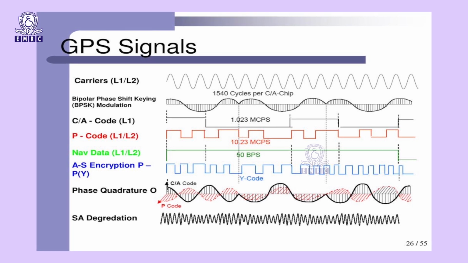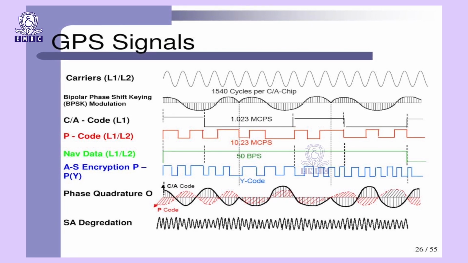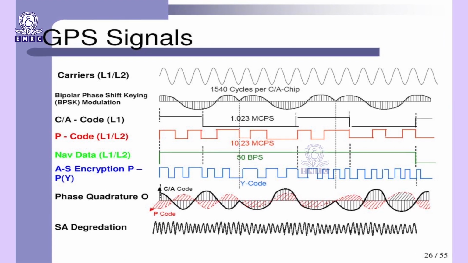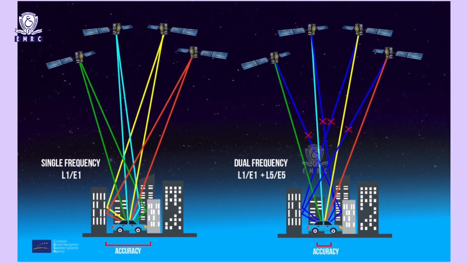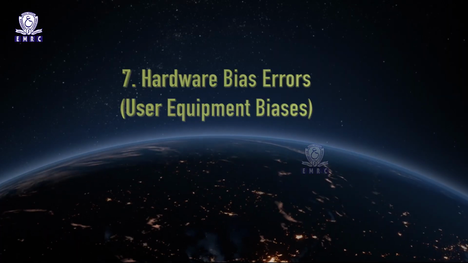The timing bias between the L1 and L2 PY code signals is inconsequential for most dual frequency users, since the broadcast clock correction compensates for this bias under the presumption that the user is combining L1 and L2 pseudo range measurements via the ionospheric free pseudo range equation.